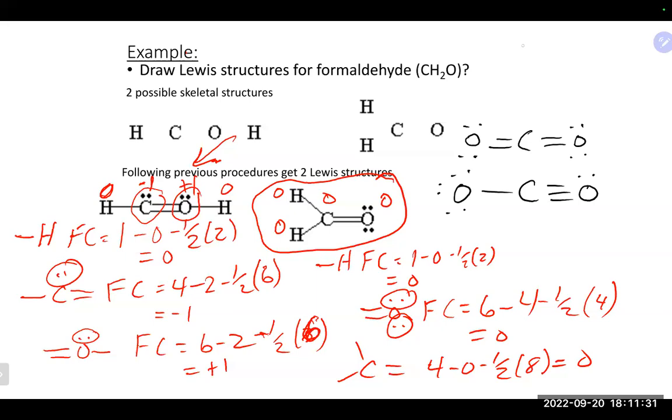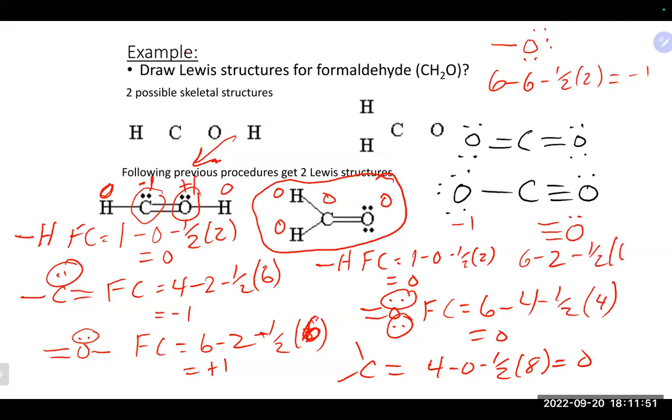We'll do our single bonded oxygen there on the guy on the bottom. That's going to be 6 minus 6 minus 1/2 of 2. That is going to be a -1 for this guy. Our triple bonded oxygen, rarely seen, is 6 minus 2 minus 1/2 of 6.